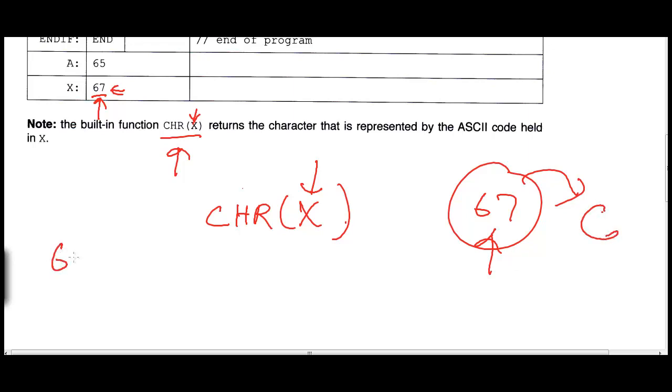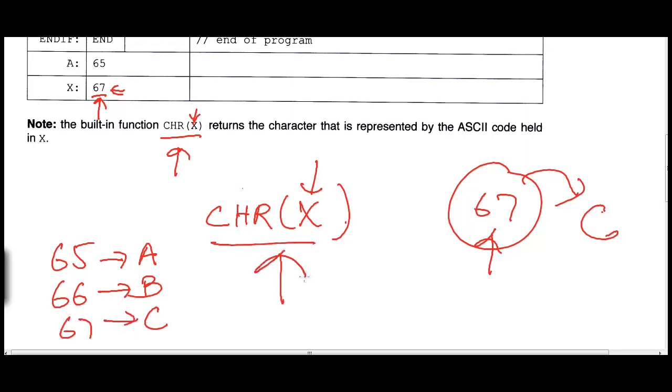See, the ASCII code of capital A is 65, the ASCII code of capital B is 66, and the ASCII code of capital C is 67. So when this built-in function is executed, it is going to return the corresponding character that belongs to this ASCII code.